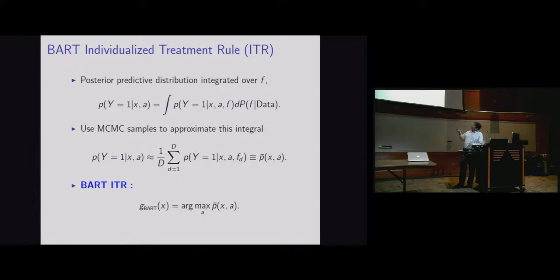And if we average that across all of these samples of F, we get essentially this posterior predictive probability P bar of X and A. And so the BART ITR is basically the argmax of that P bar of X and A. So that's, you figure out what's the A. You do that for all the possible treatments, and you take the one, use the treatment that maximizes that P bar quantity for a particular patient.